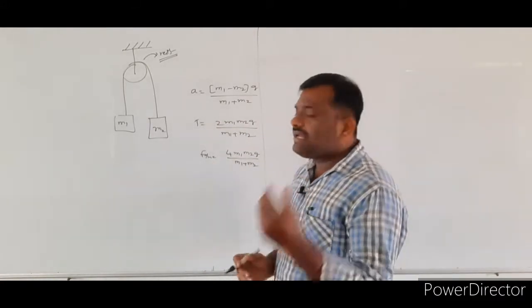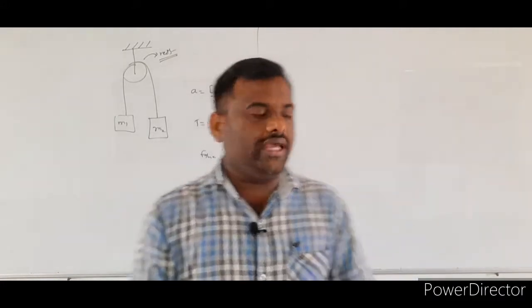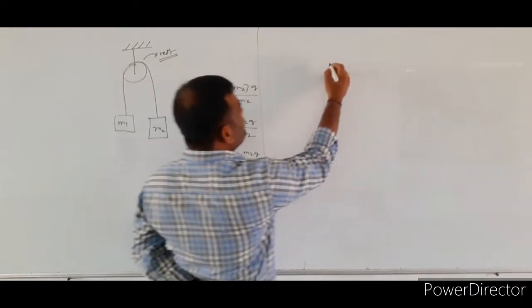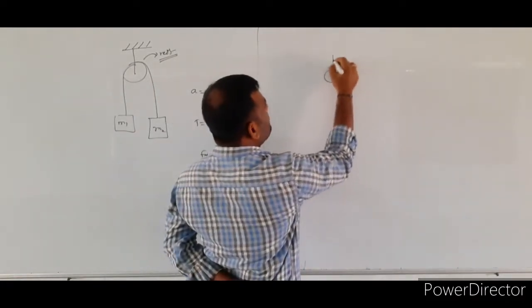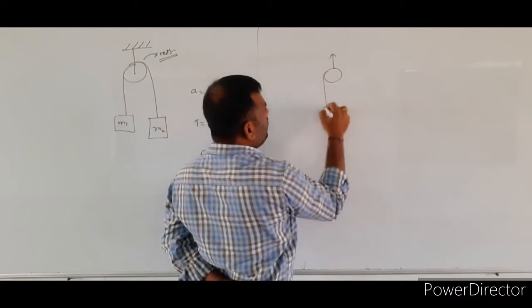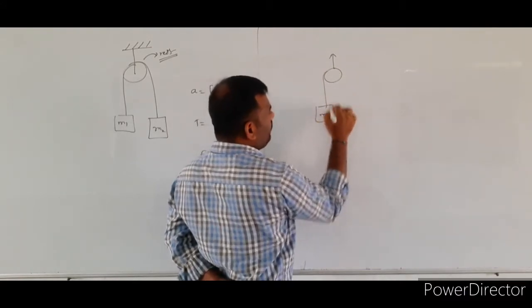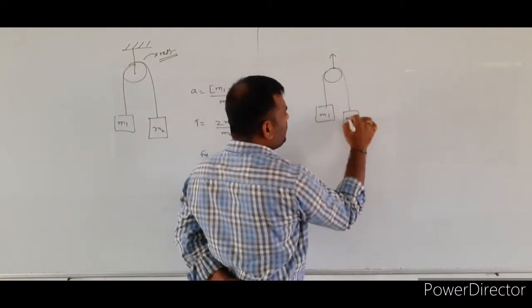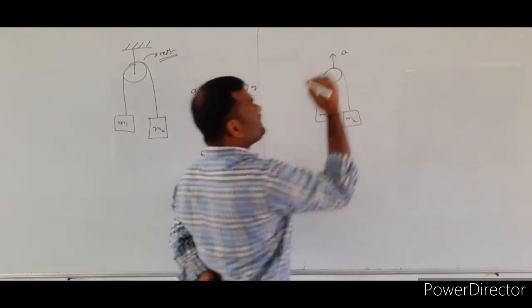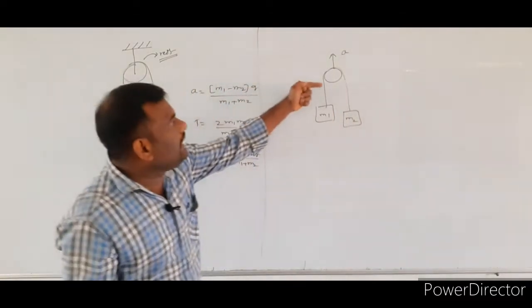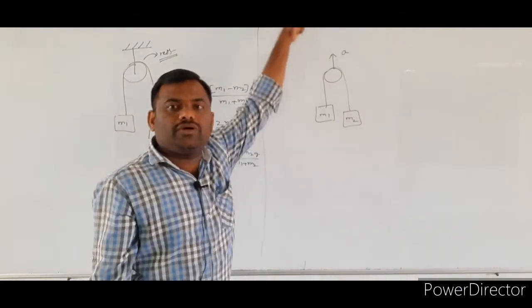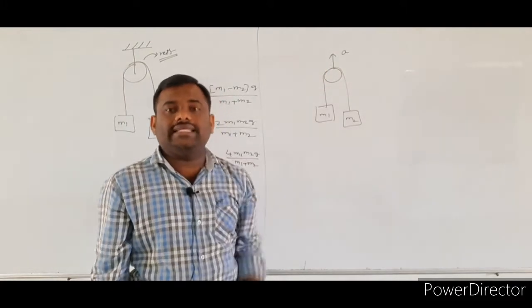Now what they are asking in this next application is, if the pulley mass system will be moving in the upward direction with a constant acceleration. The pulley will be moving in the vertically upward direction with a constant acceleration.